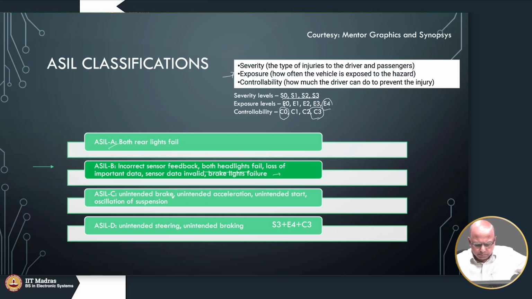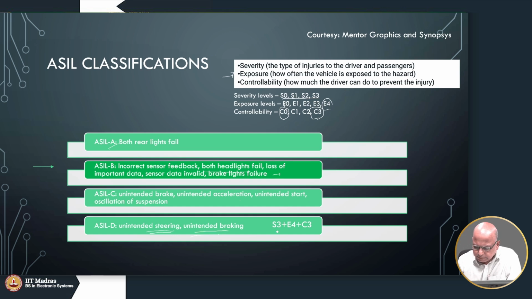ASIL C is unintended brake, very severe. Unintended acceleration, very bad. Unintended start, can't even imagine. Oscillation of suspension, bad. Right? ASIL D is unintended steering. Somebody has taken over your steering wheel and they are driving on your behalf. Very dangerous. And unintended braking.